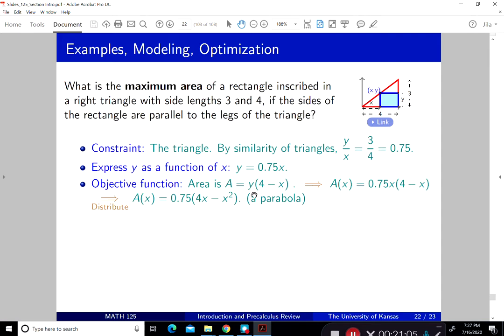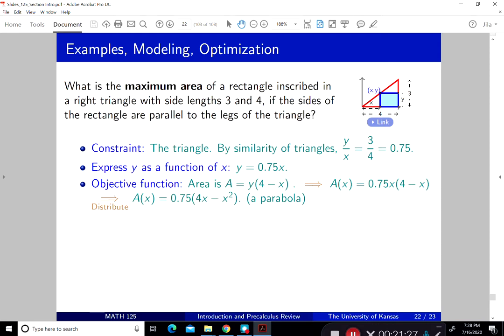Then you can basically distribute that x inside to get 0.75 times 4x minus x squared. This is a parabola. And what kind of parabola? Look, what is the coefficient of x squared?